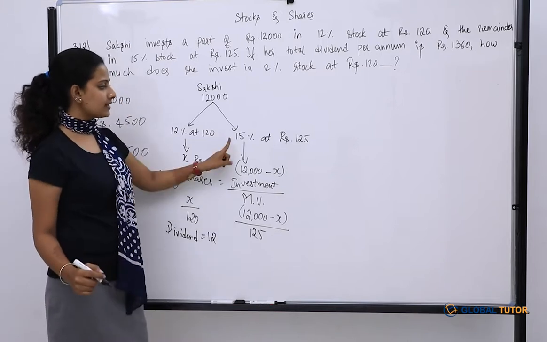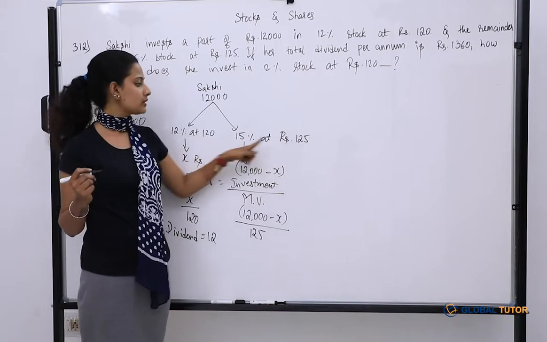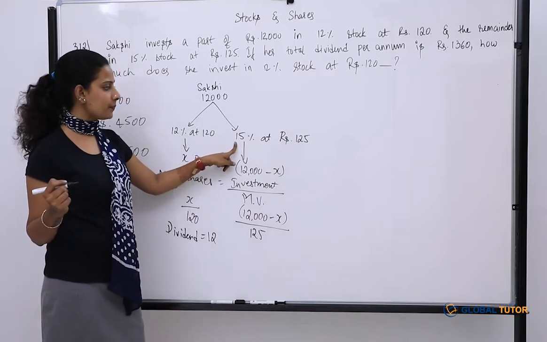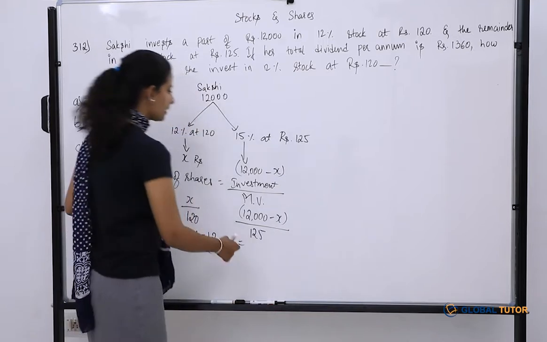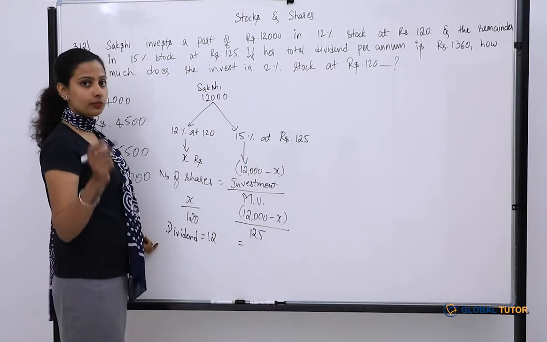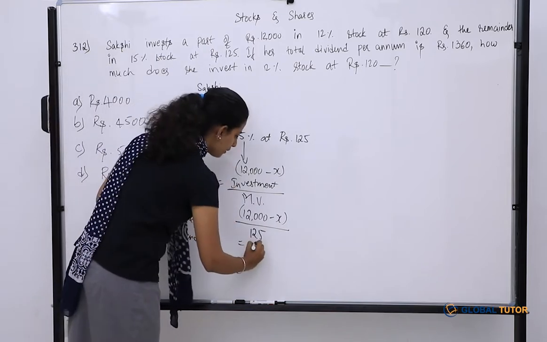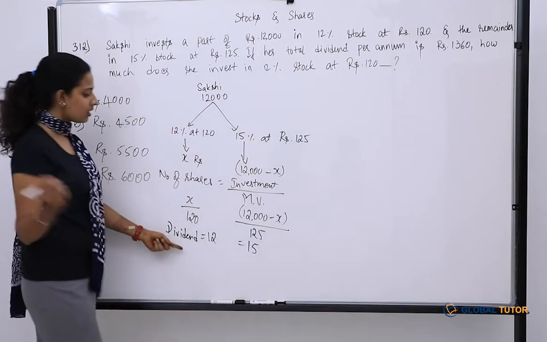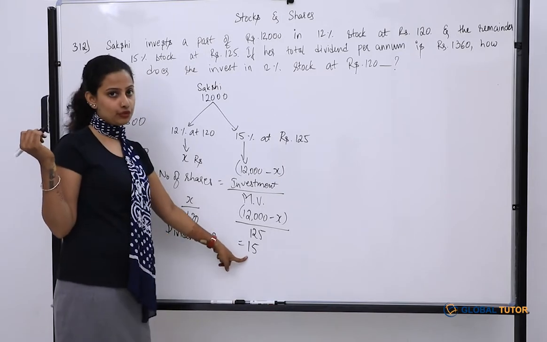In the second case, it is 15% stock at rupees 125. So dividend is 15 and nominal value will be 100. So dividend will be 15 divided by 100 into 100. 100 and 100 gets cancelled, so it will be 15. So we got the dividend in both the places, that is 12 and 15.